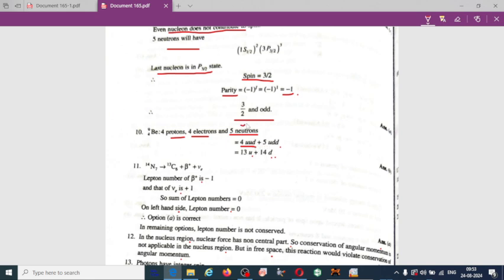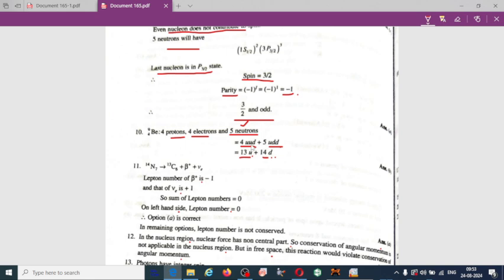And it involves 5 neutrons, and a neutron is denoted by 1 up quark and 2 down quarks, so 5 times this. Then if we multiply the individual up quarks and down quarks and add, the total will be 13 up quarks and 14 down quarks.